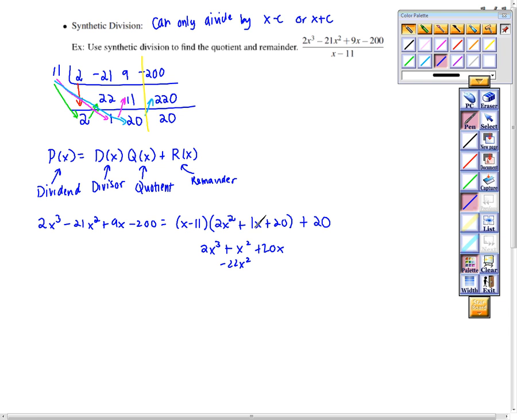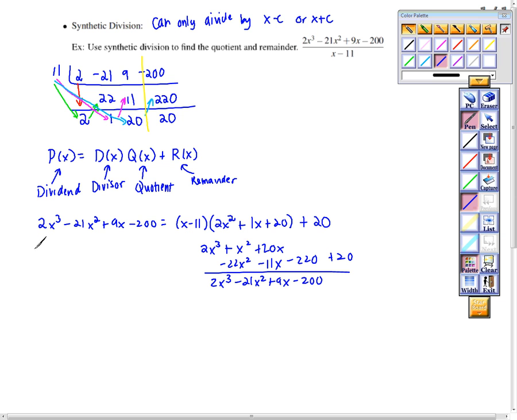Negative 11 times 1x is negative 11x. And negative 11 times 20 is negative 220. I'm going to add the 20 back here. What do I get? 2x cubed minus 21x squared. 20 minus 11 is 9. Then I have negative 220 plus 20, that's negative 200. You see we get the same thing?